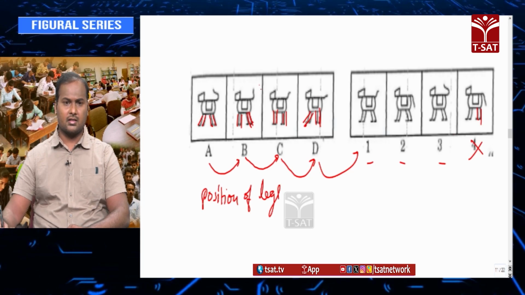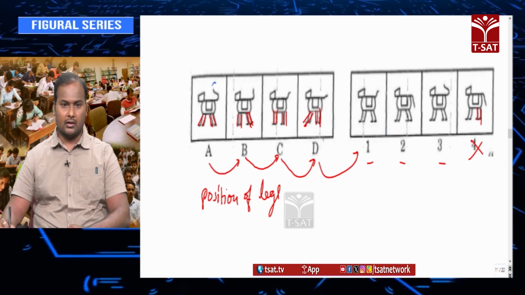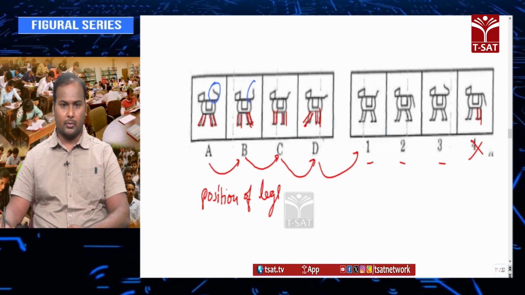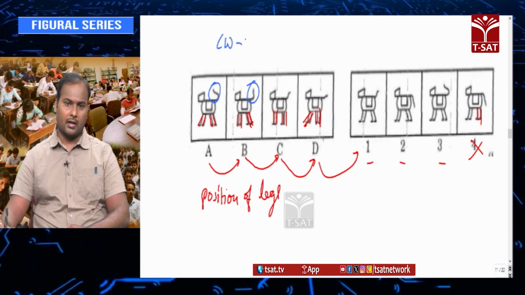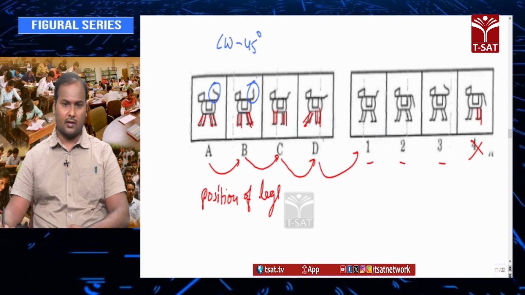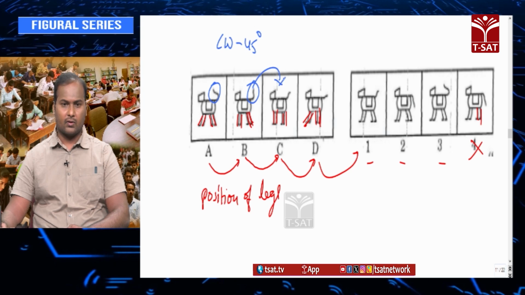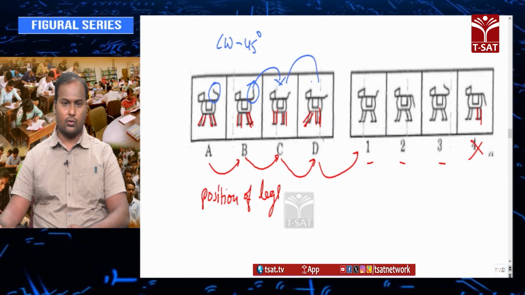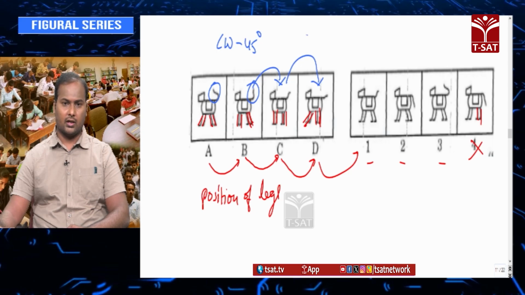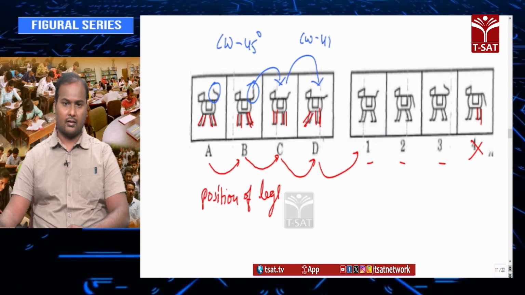And what is the next change I can observe? Not only the position of legs, but also the position of the tail. You can see the tail from A to B, how is it rotating? Rotating clockwise by 45 degrees. In the same way, from B to C, here also the tail is rotating clockwise 45 degrees. From C to D also, the tail is rotating clockwise 45 degrees.